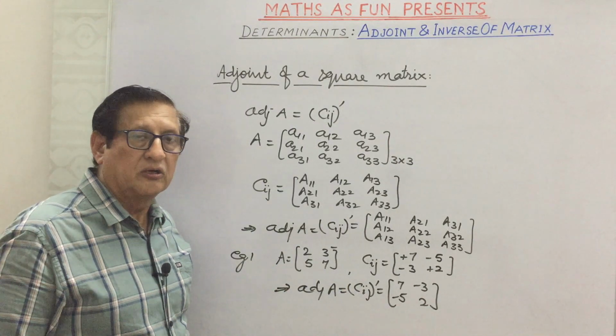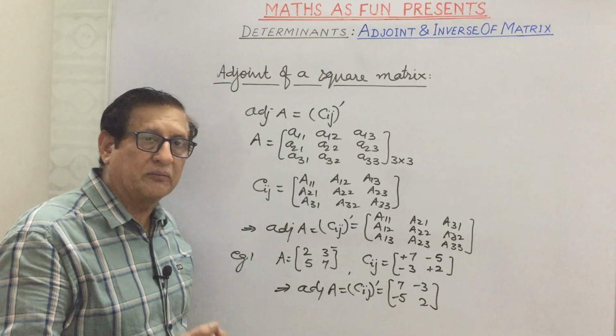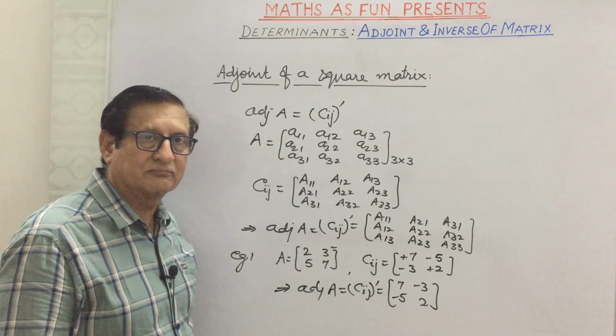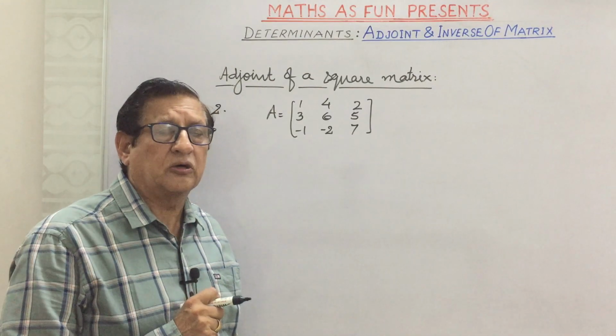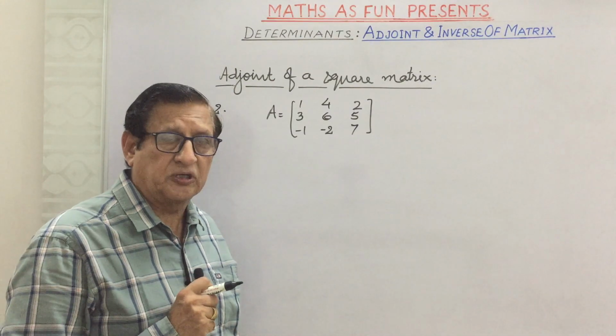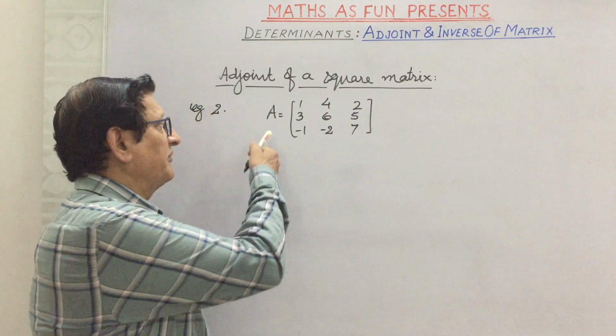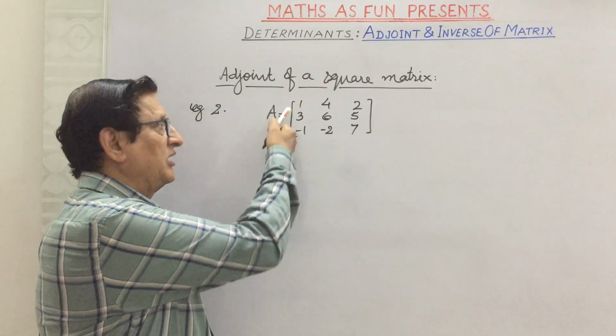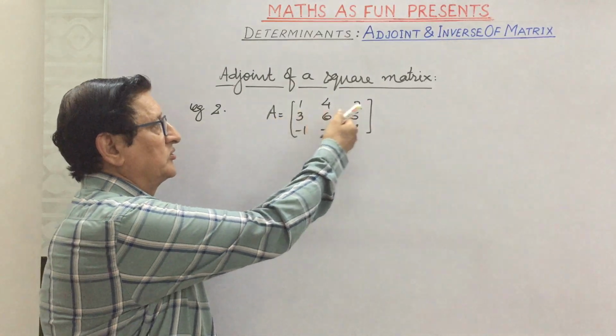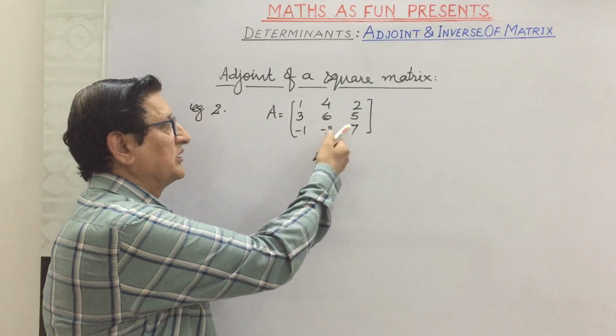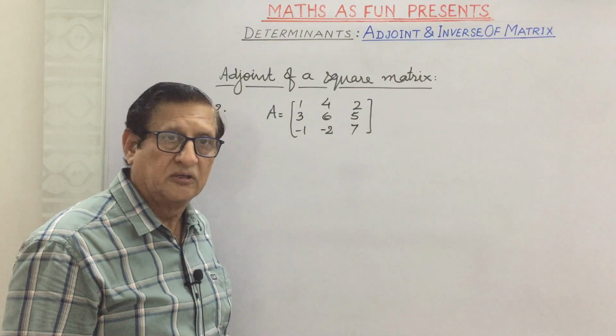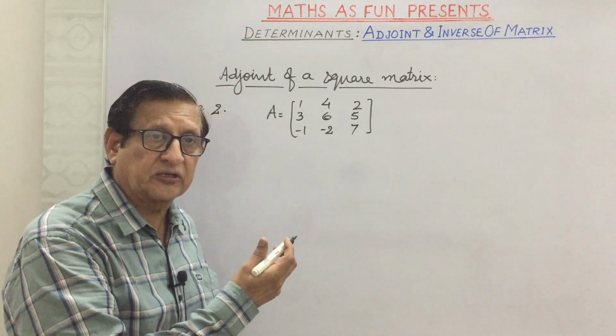Let's learn finding the adjoint of a matrix of order 3 into 3. To find the adjoint of a square matrix of order 3, suppose we have a matrix A, the elements in which are 1, 4, 2, 3, 6, 5, minus 1, minus 2, 7. First we have to find out its cofactor matrix.